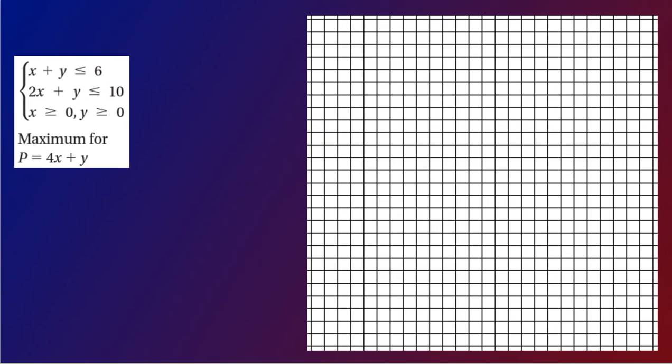Okay, let's try another. I will again do this by graphing. So I'll set up my graph first, and I can see from right here that these restrict me to positive values, so I do not need the negative portion of my graph.